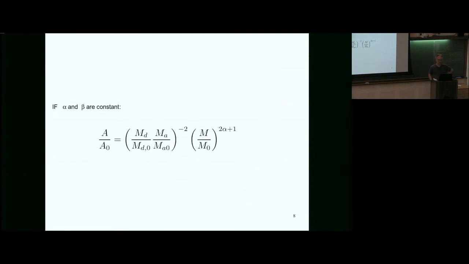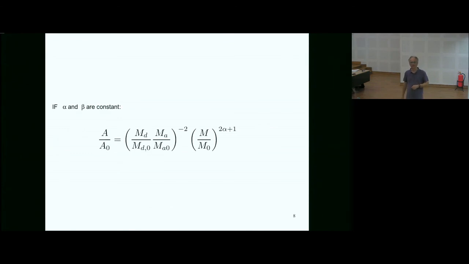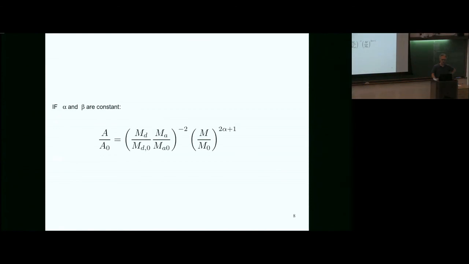So here we have this formula, and the question to you is, does it reduce to the case of the conservative mass transfer when we put in the right parameters? How did the conservative mass transfer look? Remember?